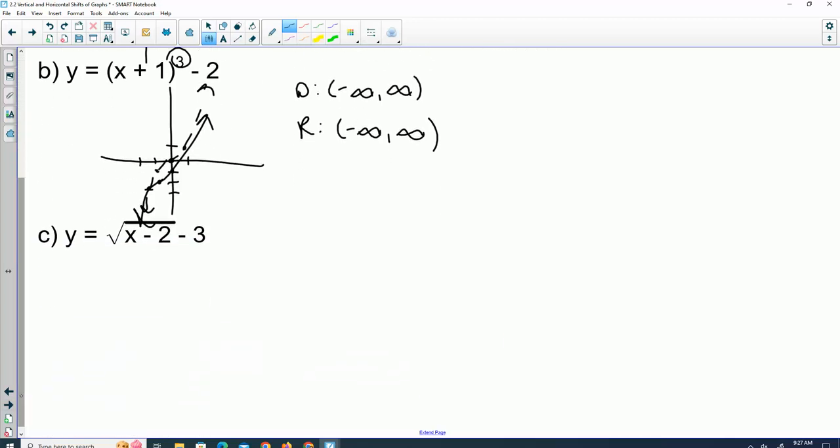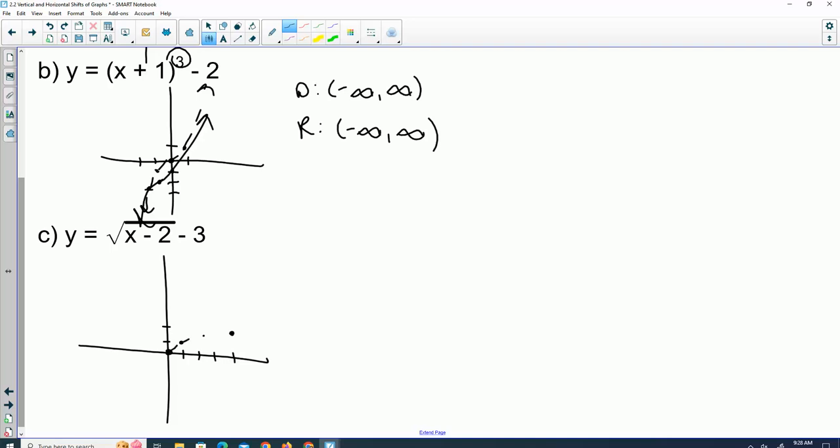Alright, let's talk about this one, a square root. We haven't done one of those today. If I did my parent function, what is the square root of 0? Okay, what's the square root of 1? Can I do 2? Okay, square root of 4 is 2. Can you do negatives? No, that would give us imaginary.